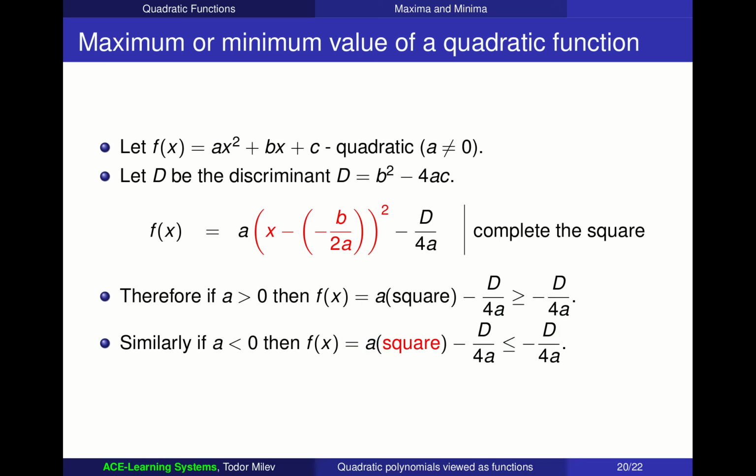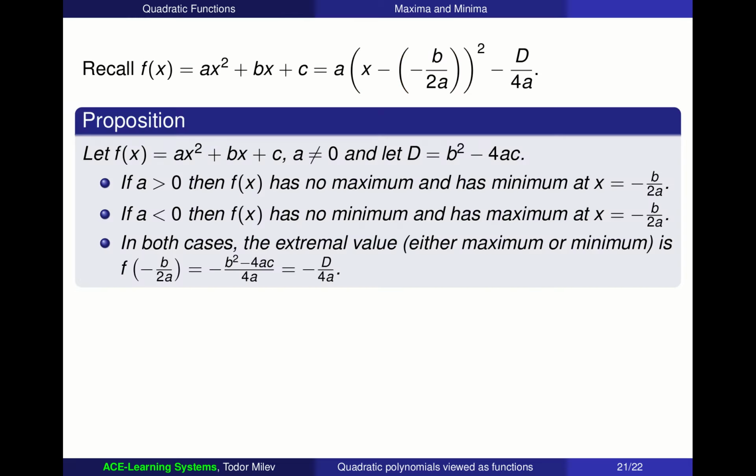So let's summarize this observation into a mathematical statement. If the leading coefficient of my quadratic is positive, then my function has no maximum, because it opens indefinitely, it grows infinitely large.